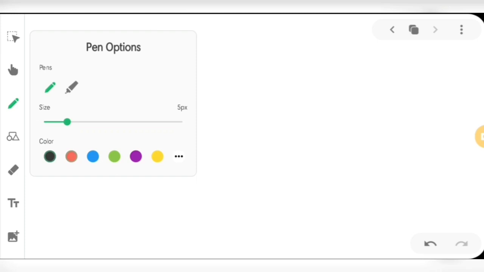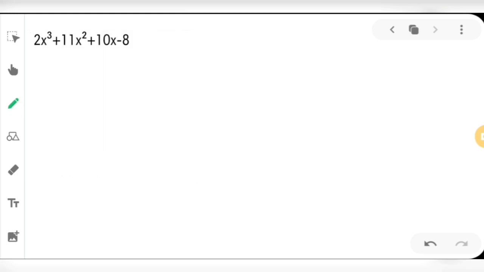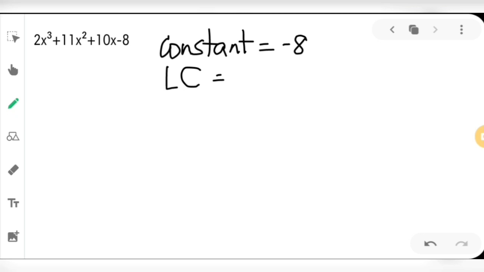Okay, so we have 2x cubed plus 11x squared plus 10x minus 8. Our constant here is negative 8. The leading coefficient is 2. Now let us first identify the factors of our constant.